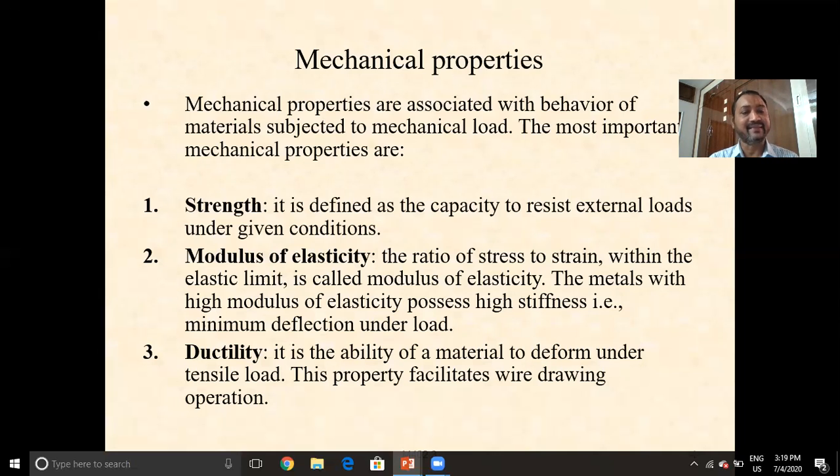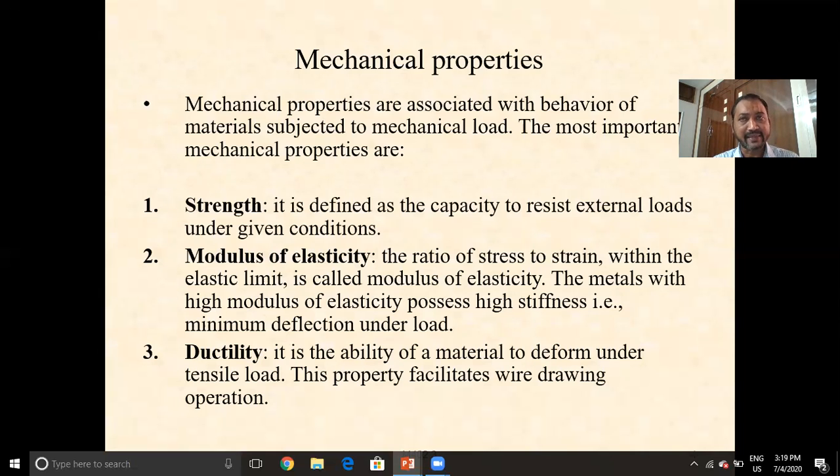The first one is the strength. Strength can be defined as the ability of a material to withstand external loads without failure.